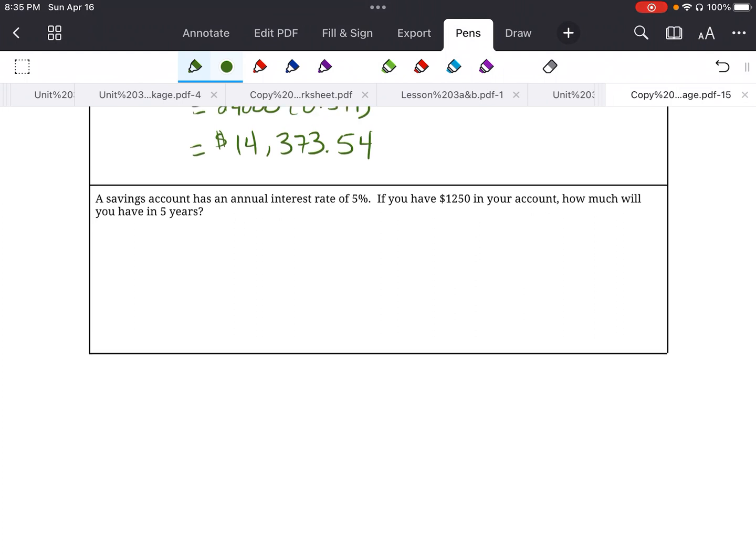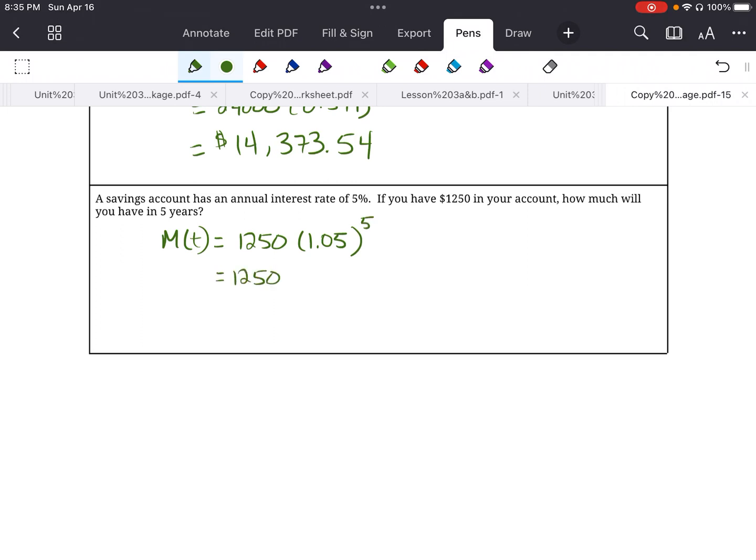Okay, and then last, the savings account has an annual interest rate of 5%. If you have $1,250 in your account, how much will you have in 5 years? So this is increasing. It's exponential growth. We're investing $1,250, increasing at 5%, so 1 plus 0.05, and it's for 5 years.